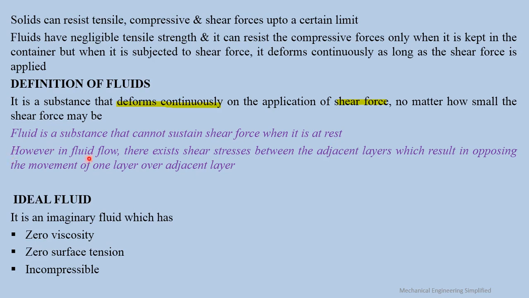However, in case of fluid flow, when the fluid flows, there exist shear stresses between the adjacent layers, which result in opposing the movement of one layer over the adjacent layer. This is nothing but the property of viscosity, which we will talk about in later slides. This is the case when the fluid flows in layer form, like in laminar flow.